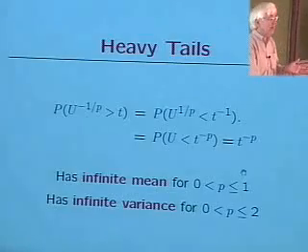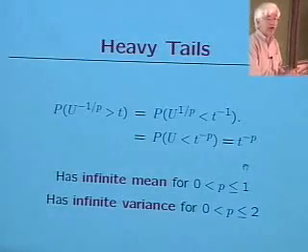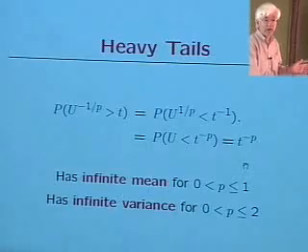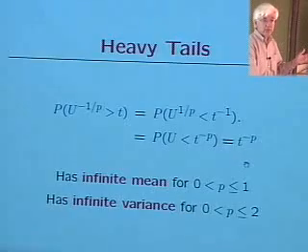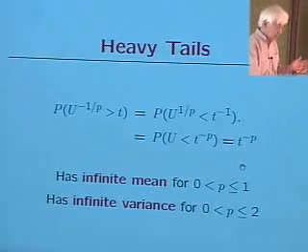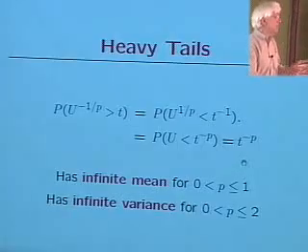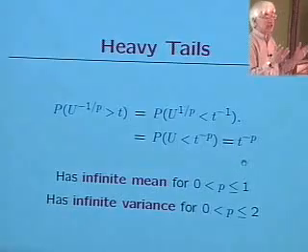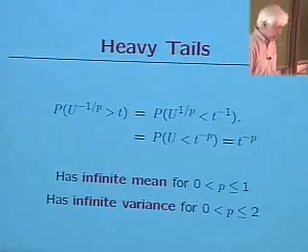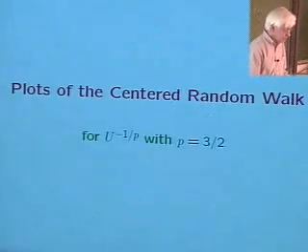But it's easy to make perfectly proper random variables with infinite mean and infinite variance. 1 over u squared has infinite mean, and of course infinite variance. So the law of large numbers doesn't hold. It's easy to see, much more interesting than reading the book. You can easily do it and you can see it.